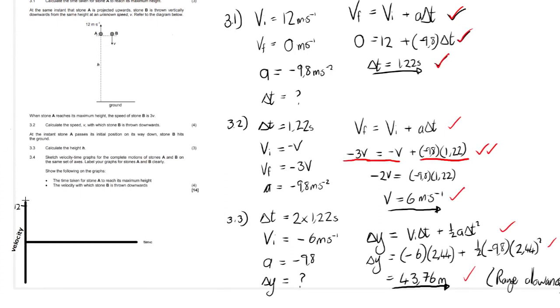At 12, stone A had some positive upward velocity, and as time went on, it reached its maximum height where it had a zero velocity. And so it had a positive velocity, and then it decreased to have a zero velocity. And then, instead of having an upward velocity, ball A turned down and it had a negative velocity, because remember, my upwards is positive.